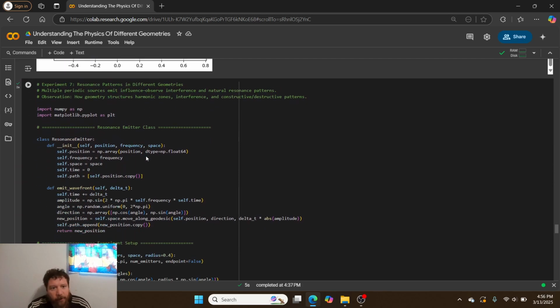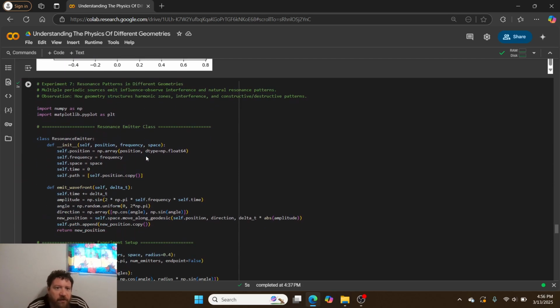And then we have two more experiments. Next is resonance patterns in different geometries: how geometry structures harmonic zones, interference, and constructive and destructive patterns. Multiple periodic sources emit influence, and we observe interference and natural resonance patterns within these experiments. Again, this maps out the real world.